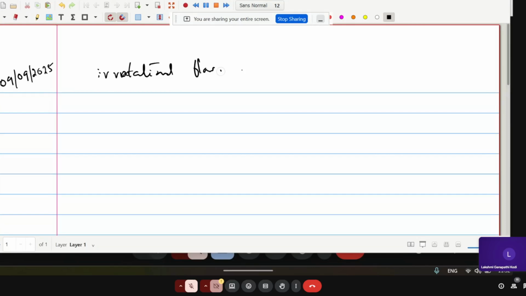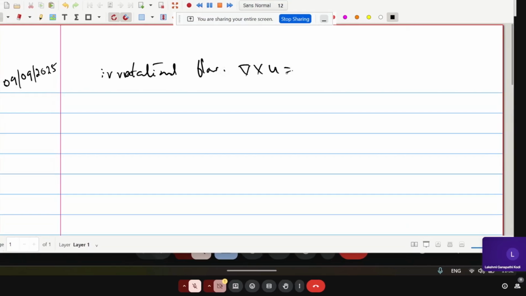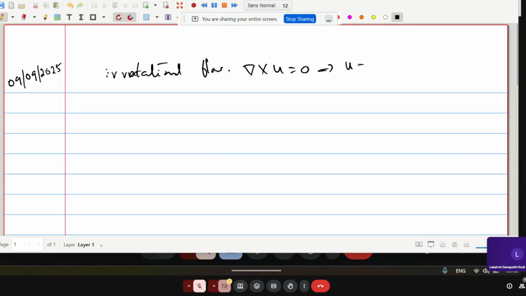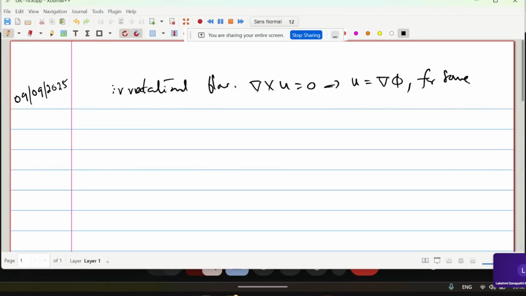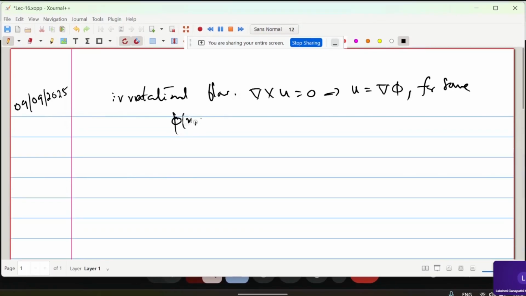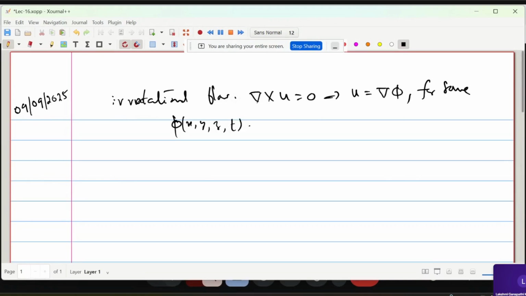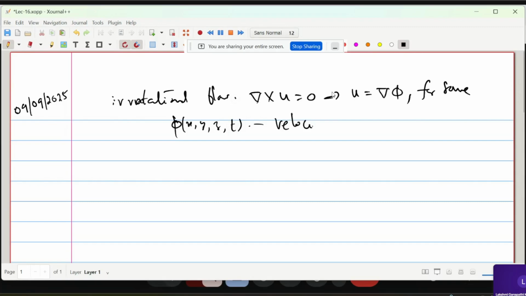Irrotational flow means del cross U equal to 0, which implies U is grad phi for some phi of x, y, z, comma t. This is called the velocity potential, because U you are representing as grad phi.